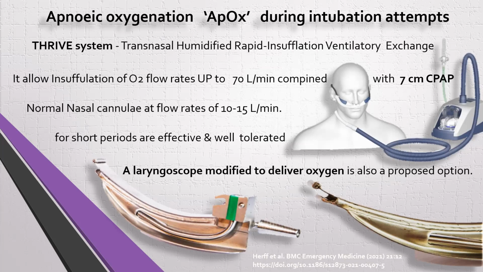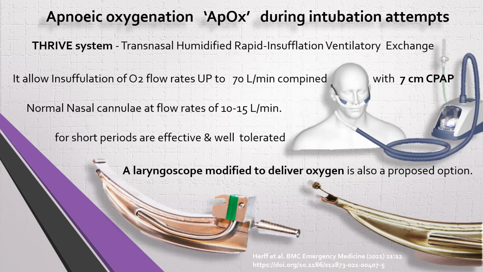They also made a comparison of combining video laryngoscopy with oxygenating laryngoscopy. They said that this improves oxygenation very much. Oxygenating laryngoscopy is a modification of the blade, at the front and back of the blade, to deliver oxygen to the pharynx at a high flow rate while intubating your patient.